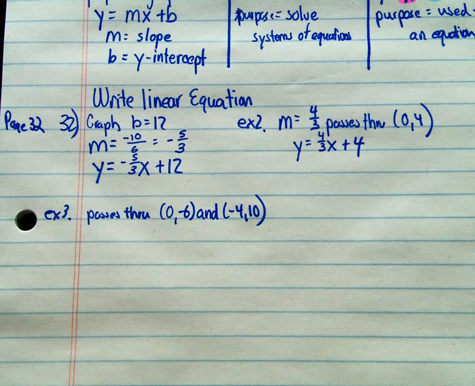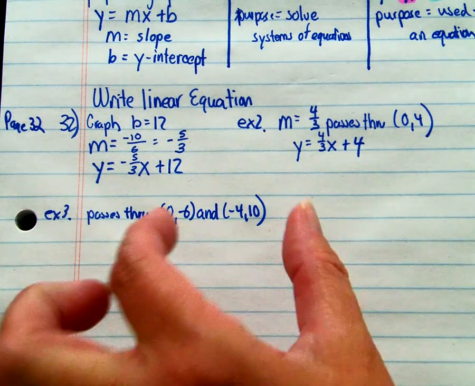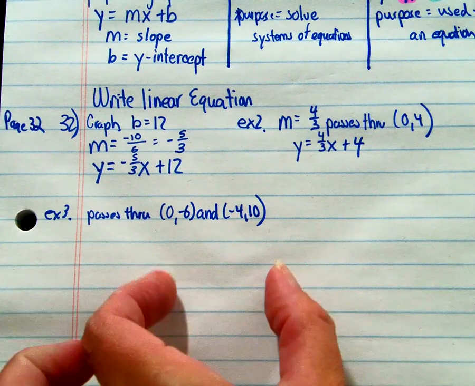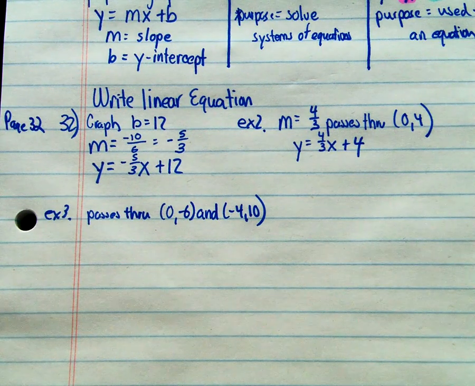Now think about what information you still need. You don't have right here everything you need to directly write the equation. There's something else you need. How can you get it? Think about that for a second. Challenge your brain. What else do I need? How can I get it?